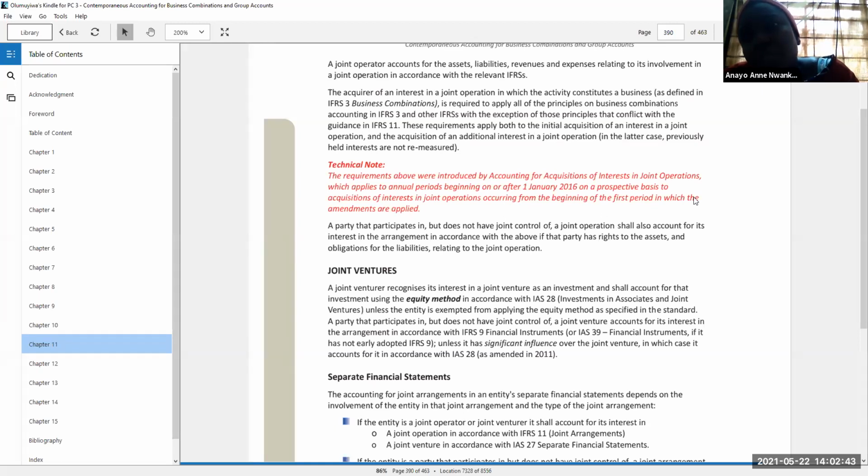These requirements apply both to the initial acquisition of an interest in a joint operation and the acquisition of an additional interest in a joint operation. In the latter case, previously held interests are not remeasured. Technical notes.